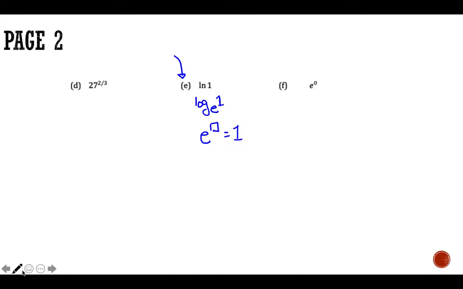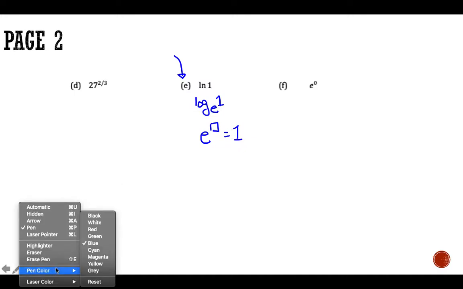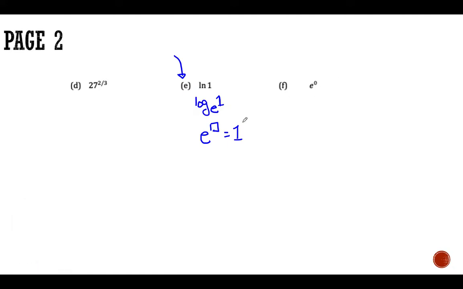Well, this actually leads into exponent rules now, doesn't it? What exponent turns any base into 1? Right? Isn't it true that 3 to the 0 is 1? 17.6 to the 0 is 1. Do we remember why that is?